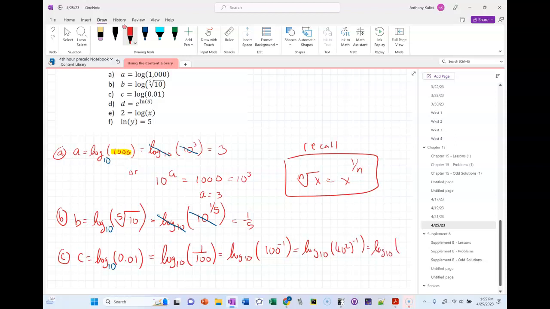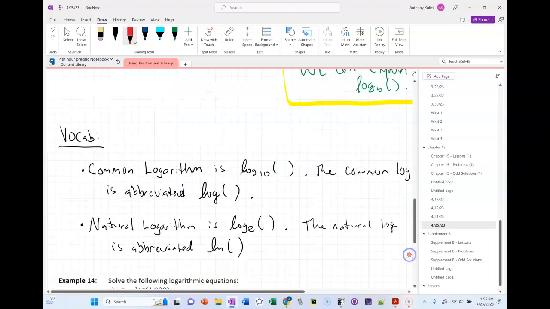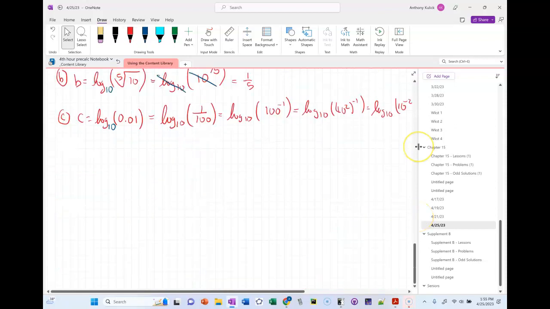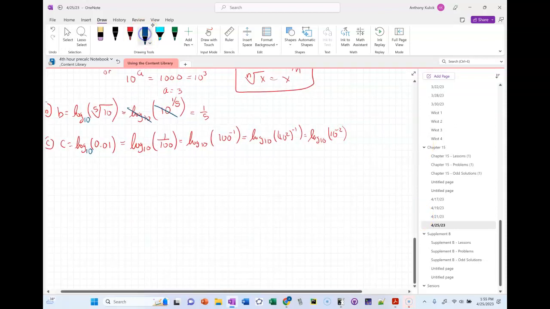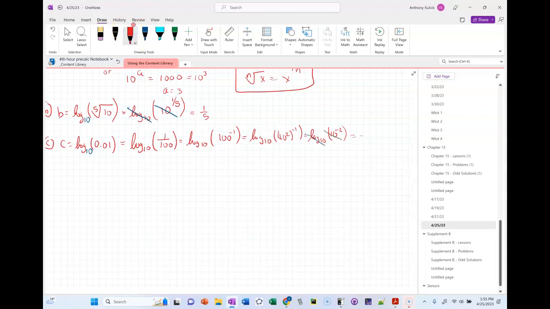Exponent of an exponent, we multiply. And then those guys reduce, giving me a negative 2. Too quick? Are we okay? Stop me if it's going too fast or if you're confused.